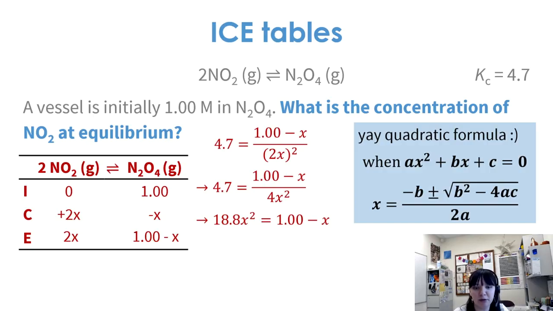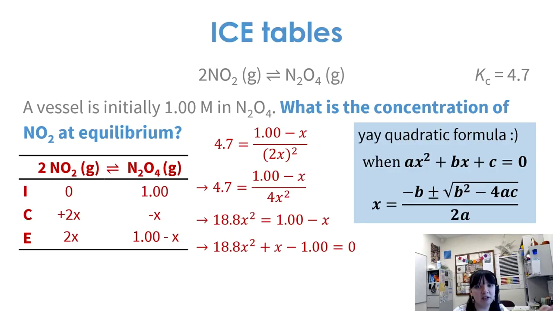So I'll go ahead and rearrange what I've got so far to do that. That looks to me like 18.8 x squared plus x minus 1, all equal to 0. Now, when it's in this format, each of the different pieces of that left side of the equation have their own coefficients. These coefficients we'll refer to as a, b, or c.